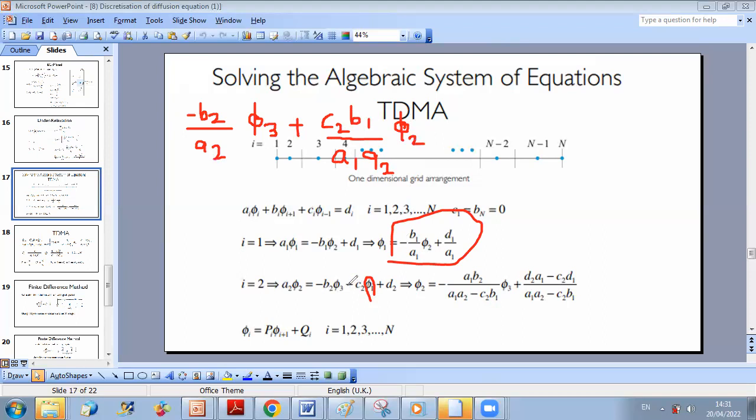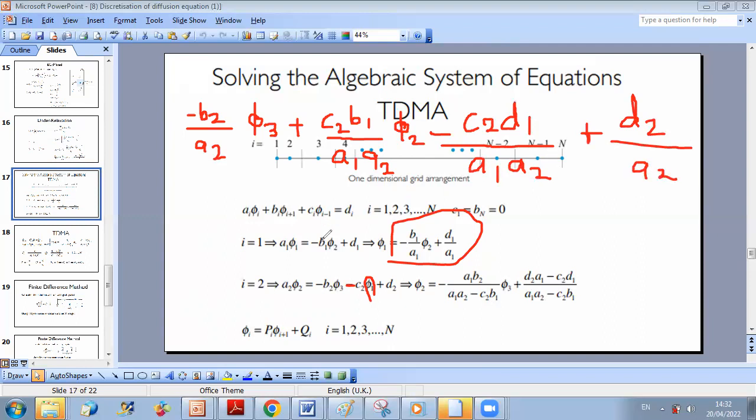And don't forget the minus here, and you have here plus, so minus C2 D1 over A1 A2. Okay, and plus D2 over A2. This is the expression of phi 2.